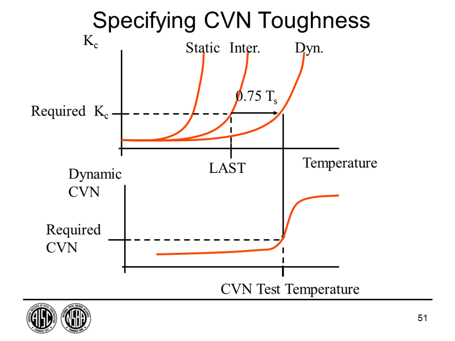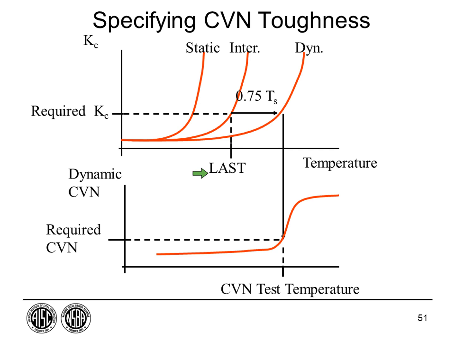So the way we set the toughness for these bridge steels is you as an engineer will pick your lowest anticipated service temperature. So this is how cold you would expect the structure to be when it was in normal service.